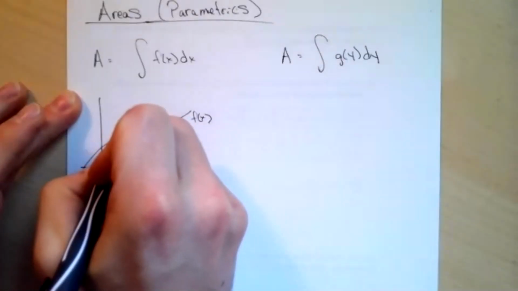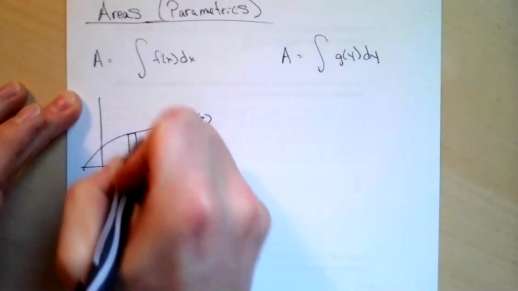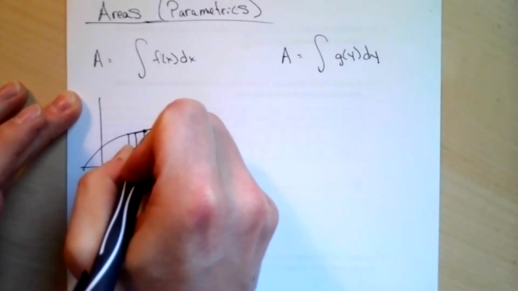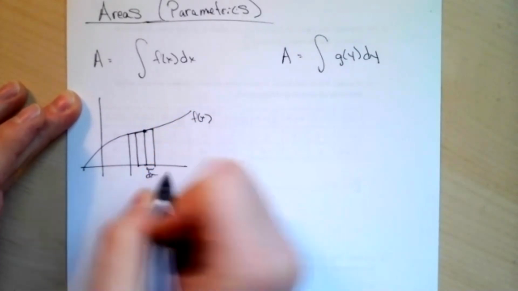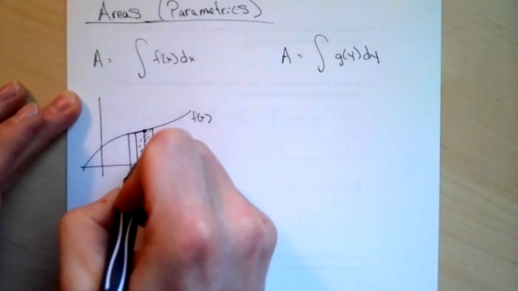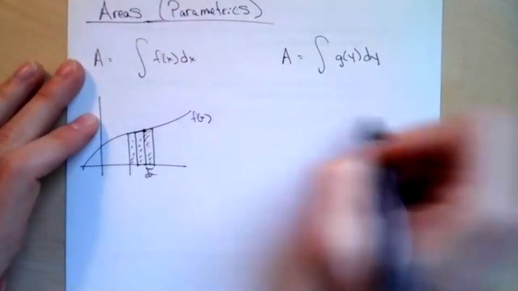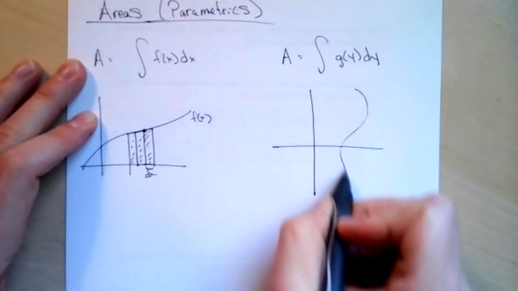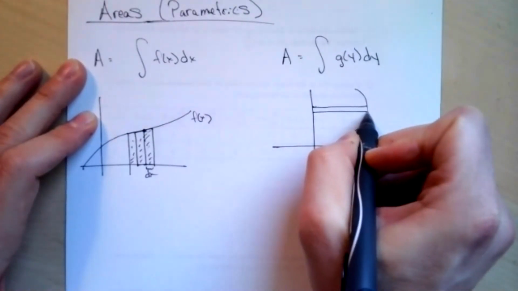In this case, we are finding the area underneath some curve f(x). And this comes from our Riemann sums, where the height of each bar is going to be the height of f(x), and the width of each bar is dx. Conversely, if we do it with respect to y, it just means we're going to have our bars going horizontal.